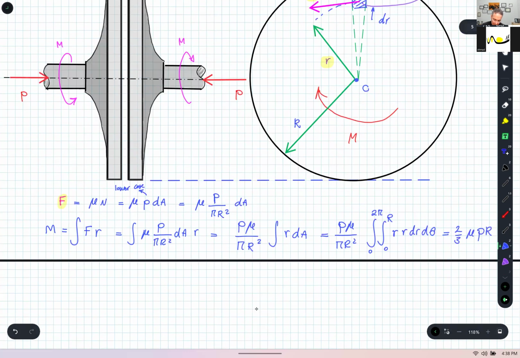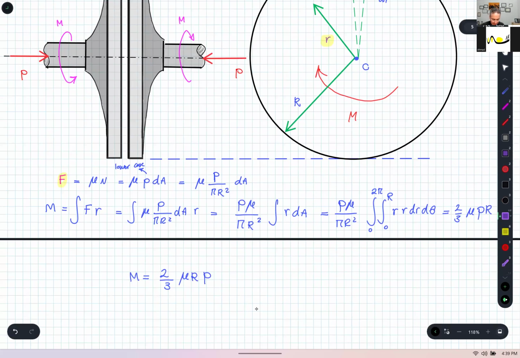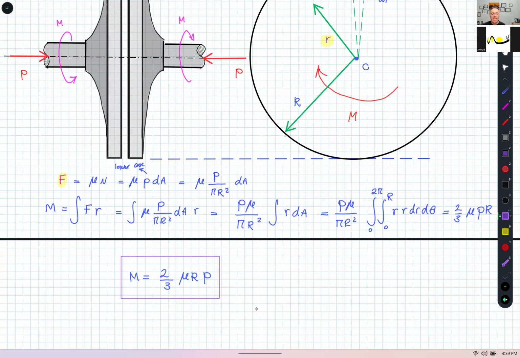That's our final value: M equals 2/3 mu r P. So the amount of moment that we can create depends on the friction coefficient mu, depends on the size of the disk, and of course depends on the amount of compressive load that we apply.